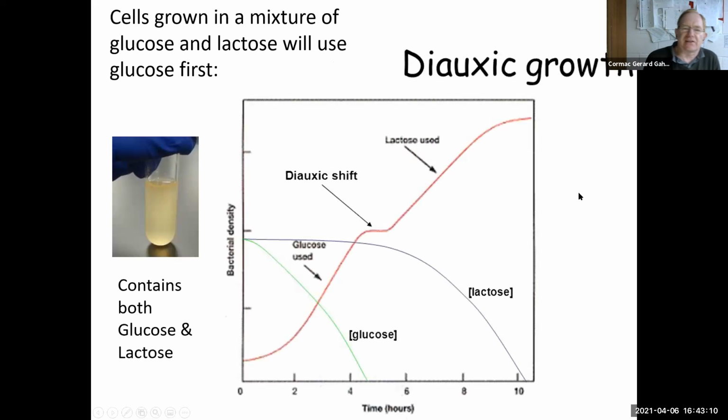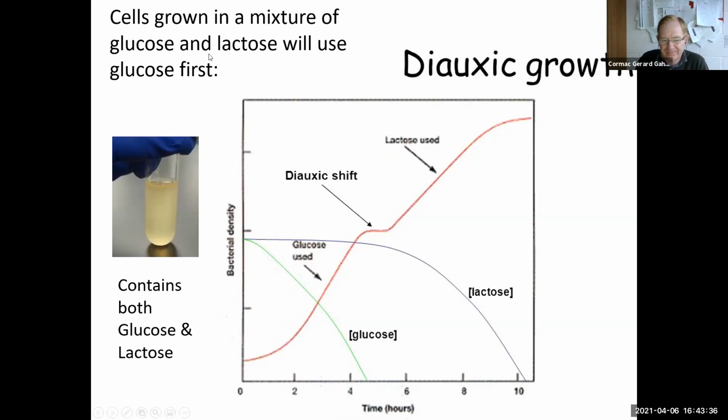There's a slight complication. When they were studying the system, and this shows you how even a bacteria can sense its environment so nicely, they started to study E. coli that's grown in a mixture of glucose and lactose. What happens when E. coli is grown in a mixture of these sugars?